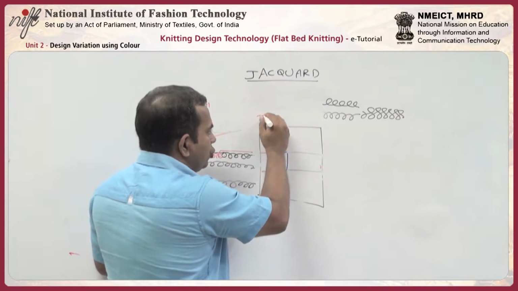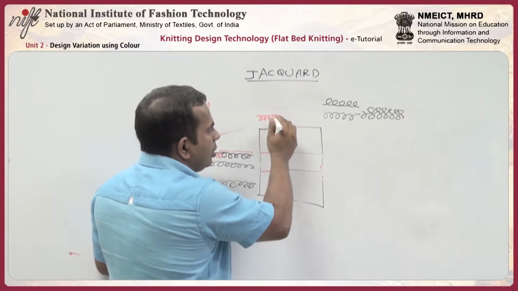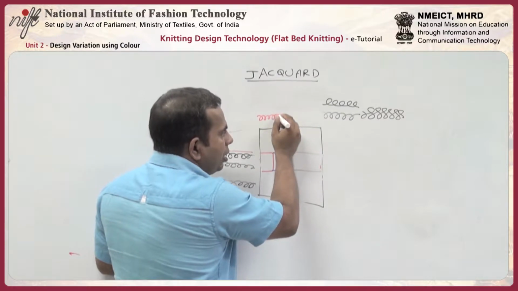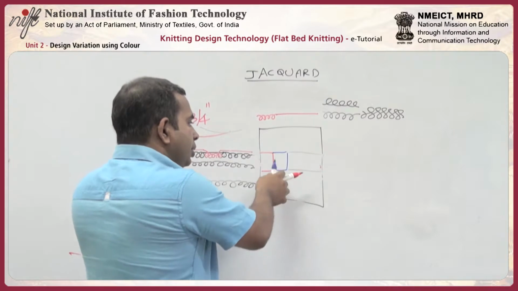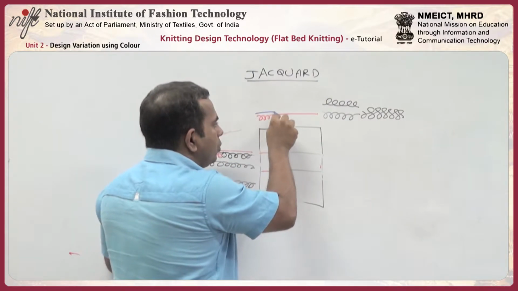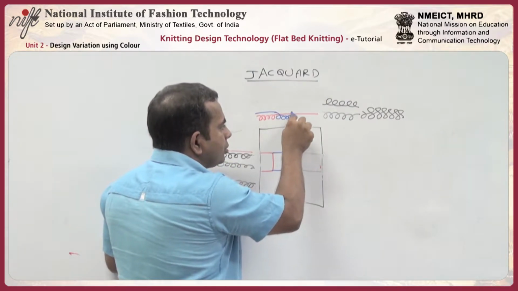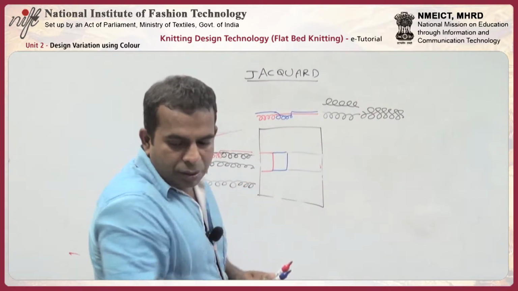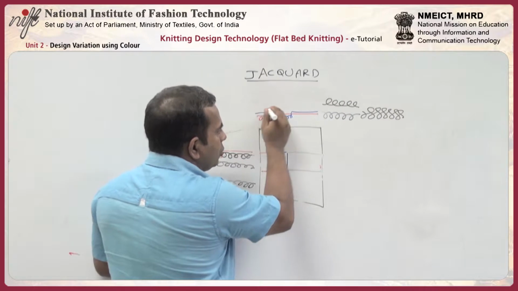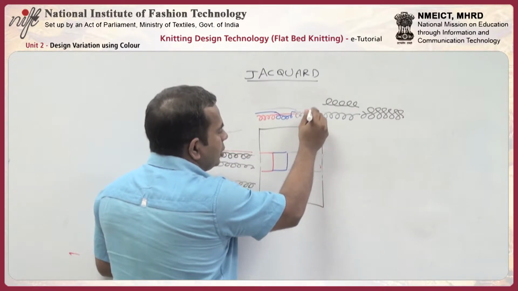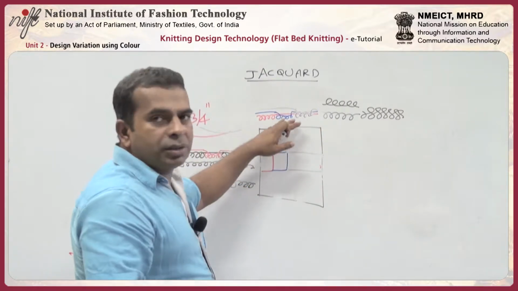So we'll knit red in this area and we are going to have a float. Now in the second one we will have a float and knit, then again float. In the third one, which is with black color, we will have a long float here, then black knit. This will not be stable.